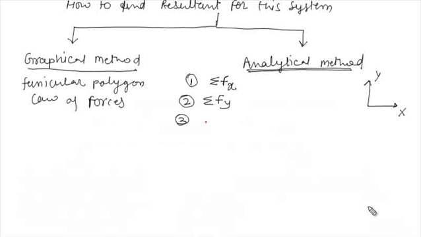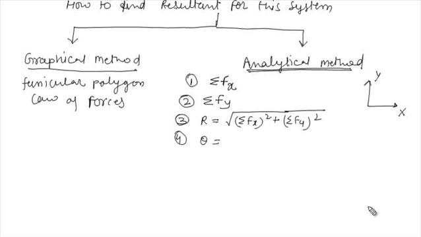Third, we have to use the equation R equals square root of summation of Fx square plus summation of Fy square. And for direction, we can use the equation theta equals tan inverse of summation of Fy upon summation of Fx.